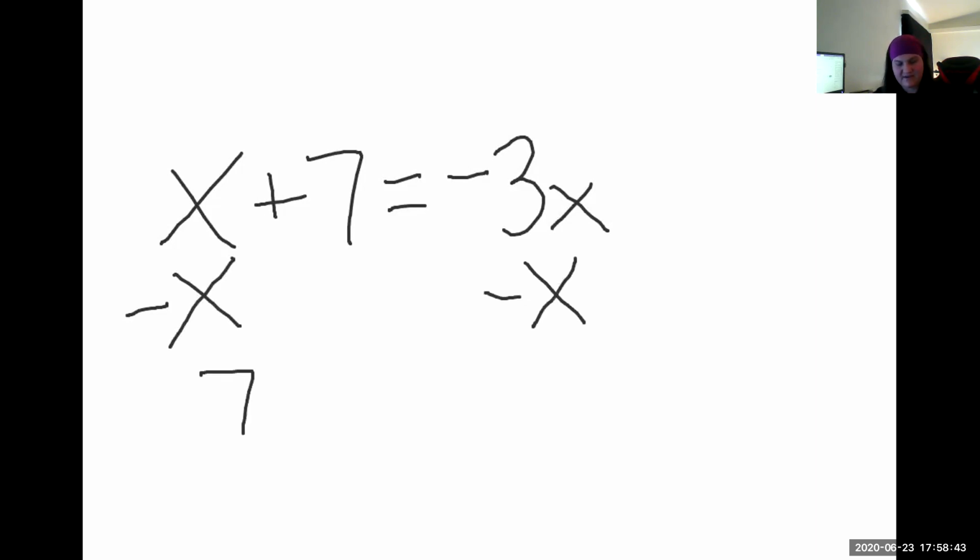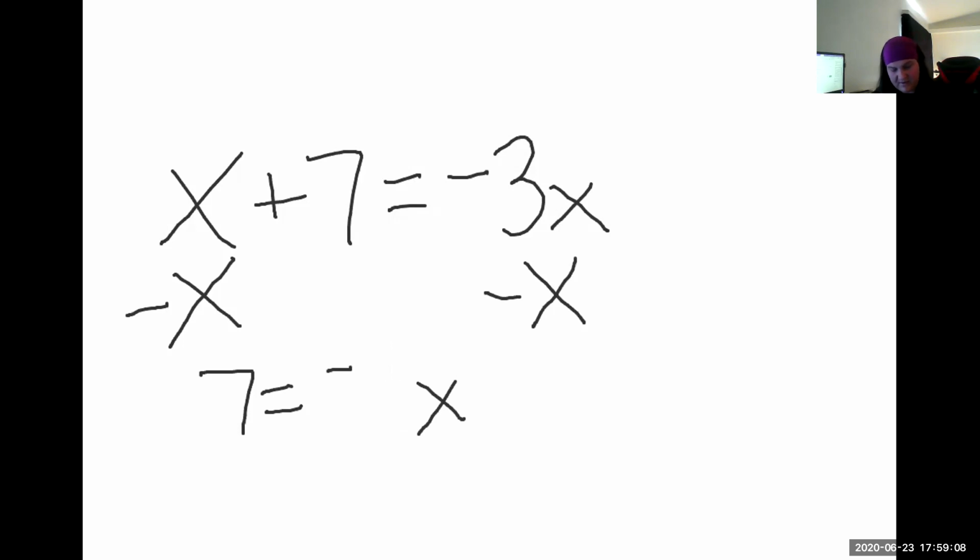So we have 7 equals negative 3 plus negative 1, which equals negative 4x. You can do negative 3 minus 1, it's still going to give you negative 4.